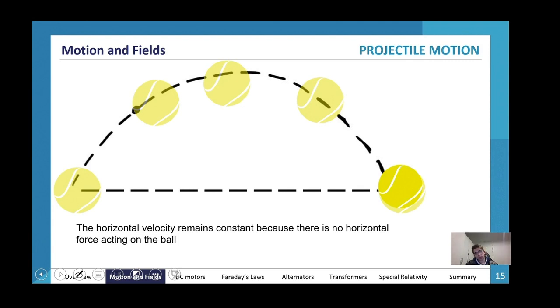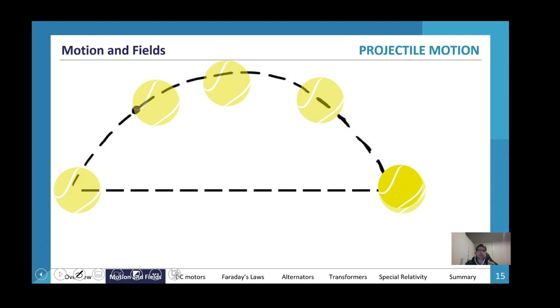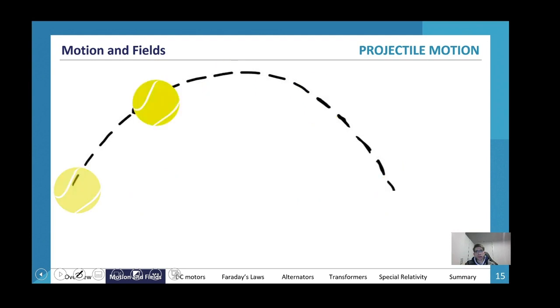The horizontal velocity, which is a really important point, remains constant because there is no force acting on the ball. Think about the projectile when it's up in the air. What is the force acting on this projectile after it has been shot and it's mid-air?